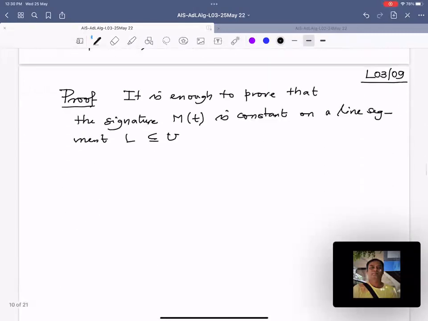See, U is here, and there is a line here. If I prove it is constant here, then it is constant everywhere. This is the standard argument one gives from topology. And because it's a line segment, we will assume it is an interval.